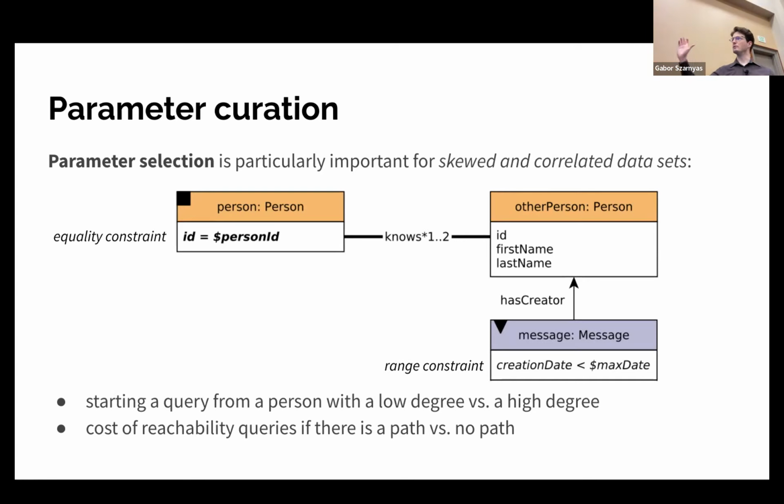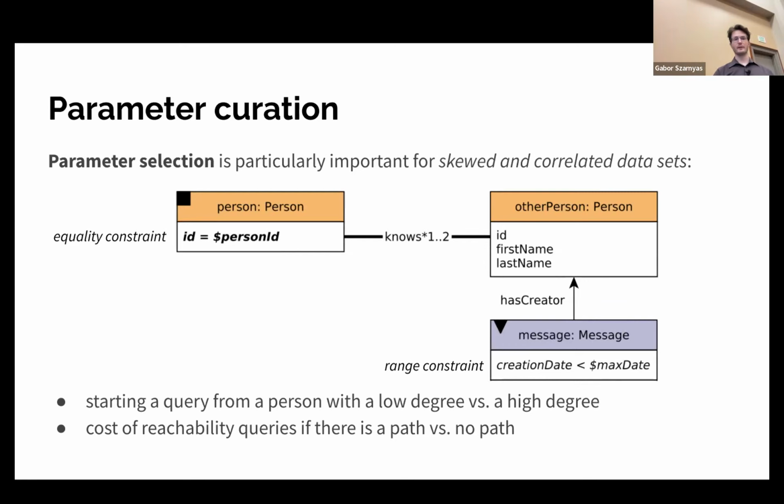Imagine that you run this query on someone like Justin Bieber on Twitter who has 100 million followers, or you run it on a person who just joined the network and maybe doesn't even have any connections. It can be like dozens of orders of magnitude in difference. And obviously we don't want that. We want scalable, predictable and stable runtimes to make the results easy to understand.